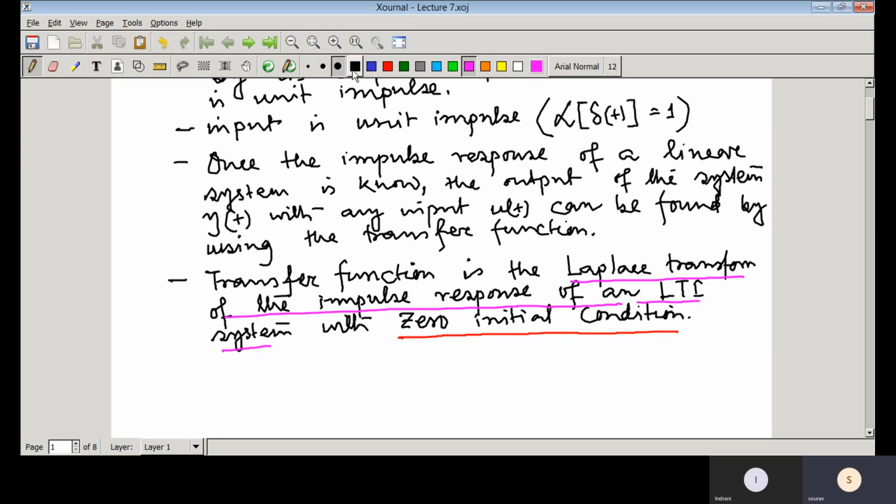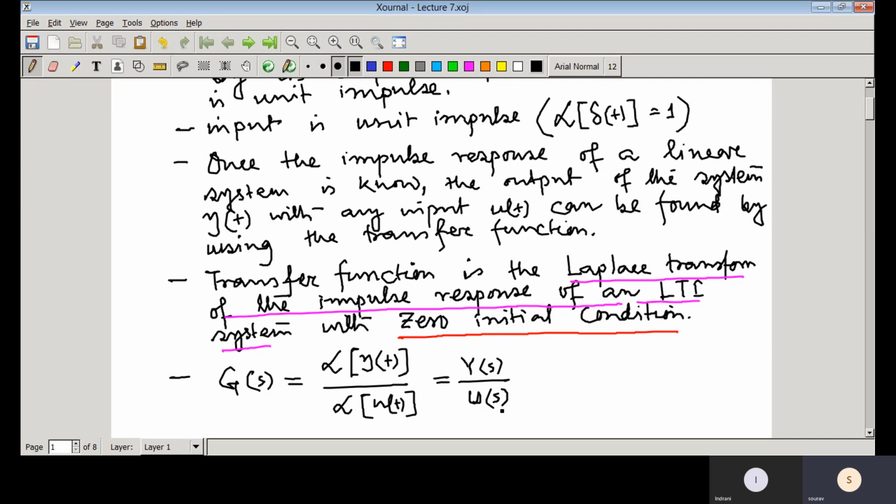So here mathematically you can write that G(s) is called the transfer function. This is the Laplace transform of y(t) by the Laplace transform of u(t), so that means this is Y(s) by U(s).